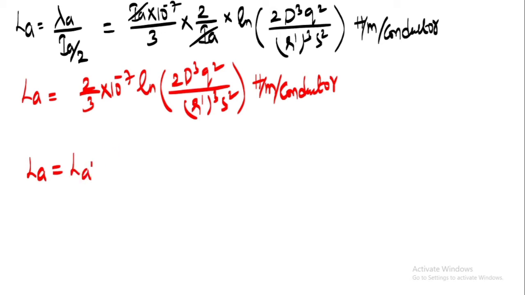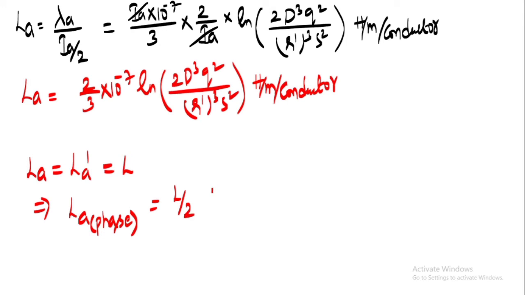So you will get that A dash and A will be same and it is equal to L, right? In that case, what is the inductance of A phase? Let me write like this. Inductance of A phase is L by 2.